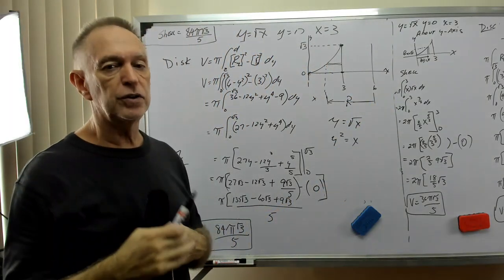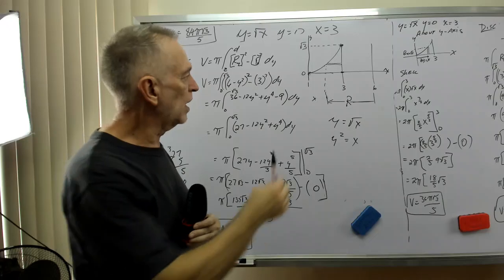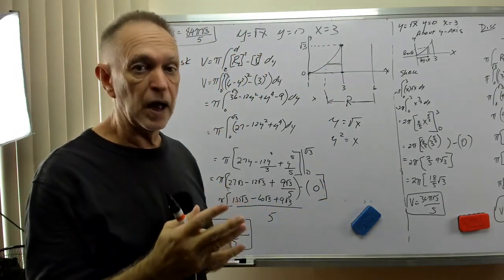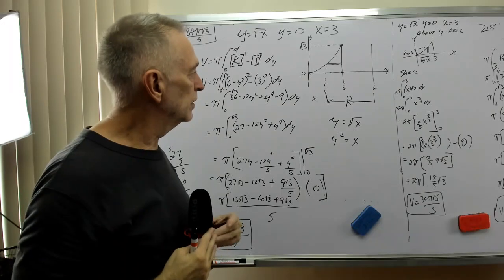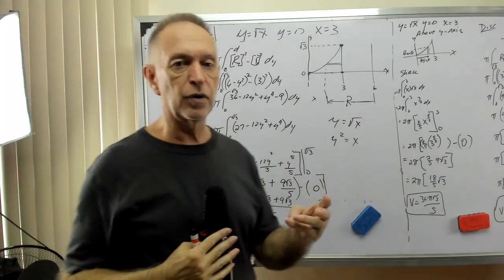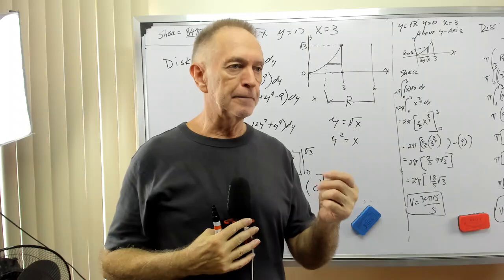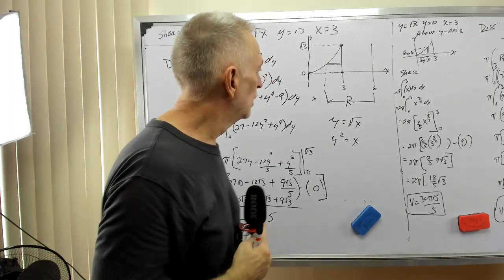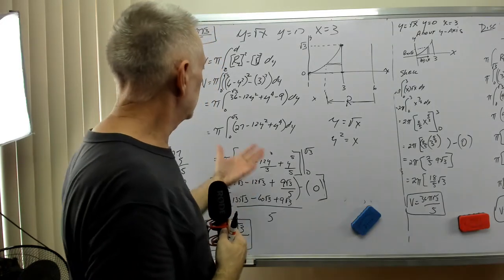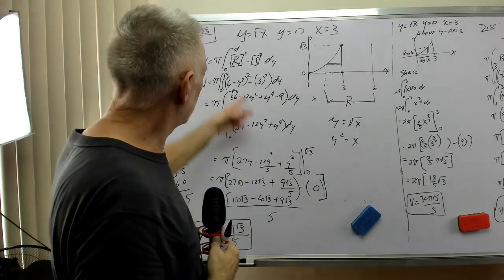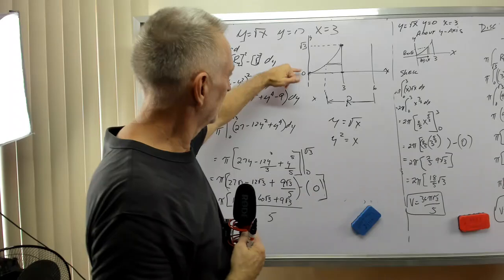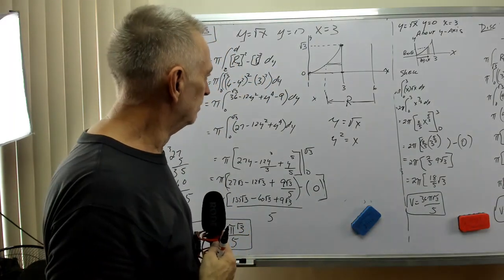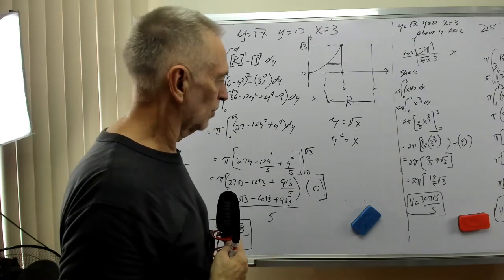I would encourage you, whatever problem you have, practice rotating that around different lines, different areas, and get familiar with which method is the best to use. Like in this case, it seemed to be a little bit more work with the disc than it did with the shell. But in either case, it all worked out.